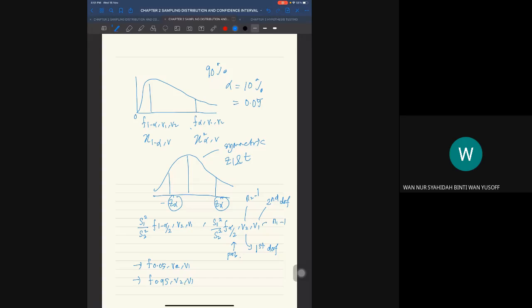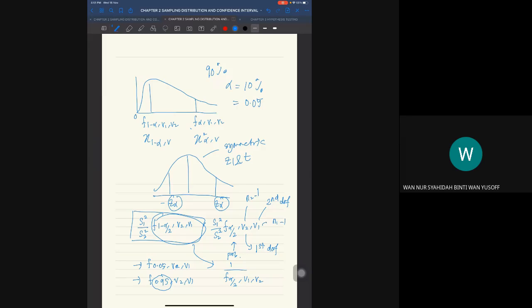Because of the limitation of our statistical table, we don't have 0.95. So there will be another formula for the critical value of the lower bound. The critical value of the lower bound equals 1 over F alpha over 2, with the positions interchanged, so we get ν1 and ν2.